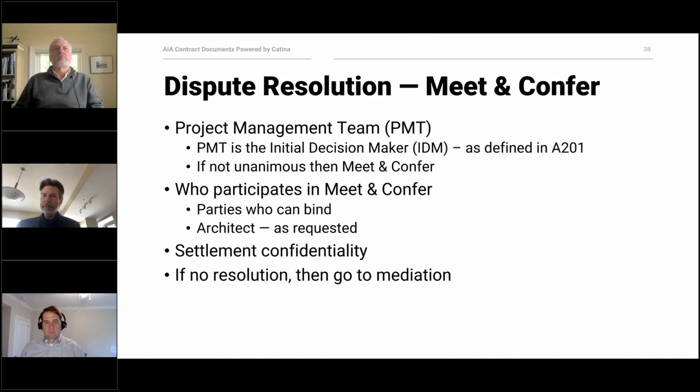It means that first off, it's the project management team that tries to resolve disputes at the project level. Because what we've discovered through the years is that the parties most knowledgeable about the dispute are the parties closest to the dispute, and those parties are probably the best able to resolve the dispute equitably.